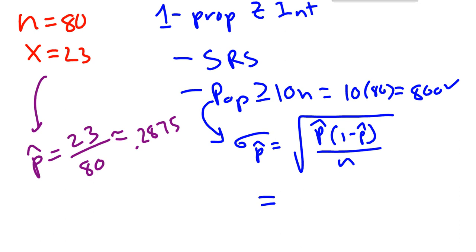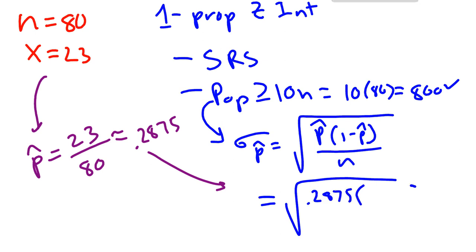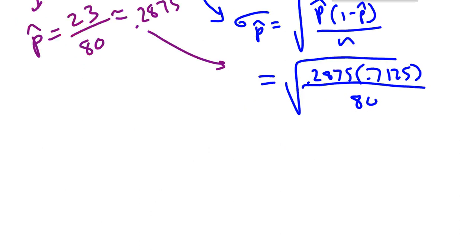And when we use that in our standard deviation formula, we get the square root of 0.2875 times 1 minus that, which is exactly 0.7125, over the sample size of 80.